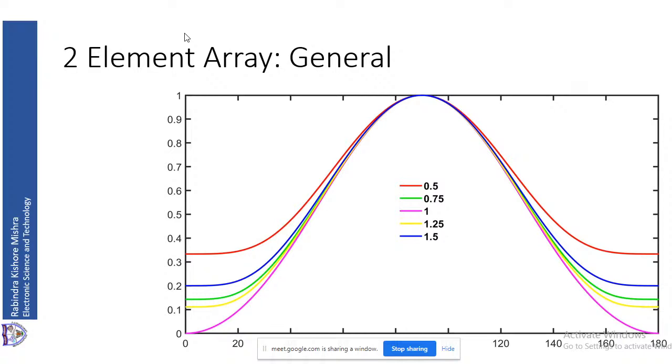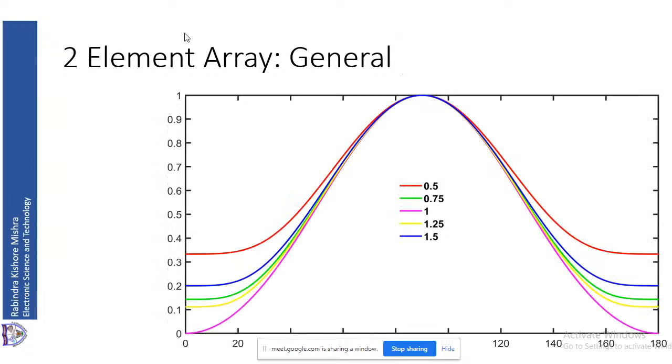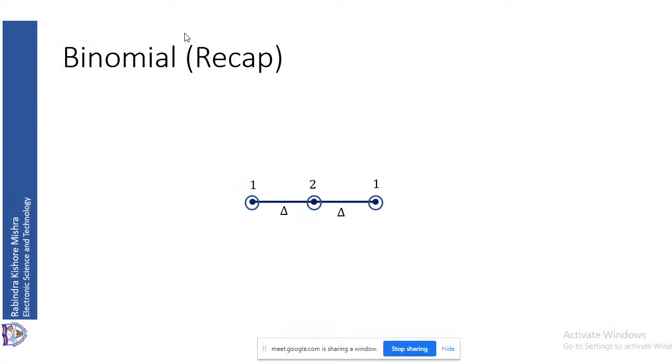So everywhere 0.25 is added. So they are linearly spaced. Now for each of these values of R dash, which means I0 by I1, we have plotted the radiation pattern. So this shows you the general 2 element array radiation pattern.